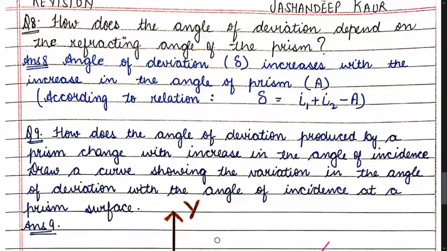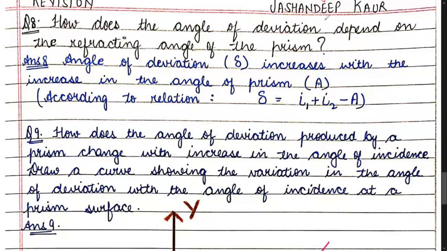Coming to the next question. How does the angle of deviation depend on refracting angle of the prism? So how is angle of deviation depending on refracting angle of prism? Children, we have already learned one formula, that is angle of deviation delta is equal to i1 plus i2 minus A. A was angle of prism.